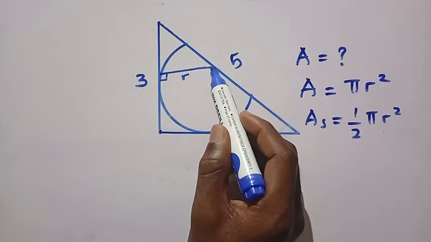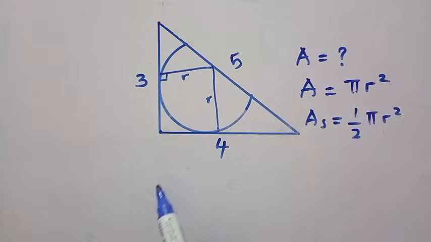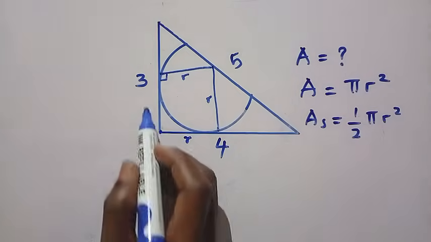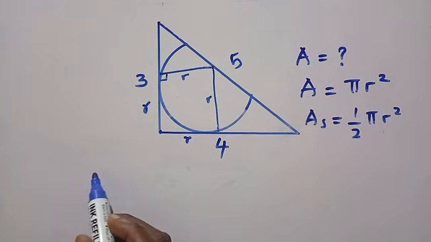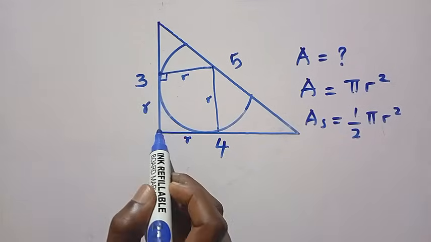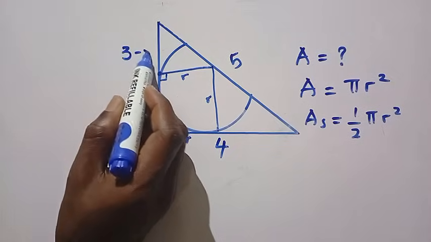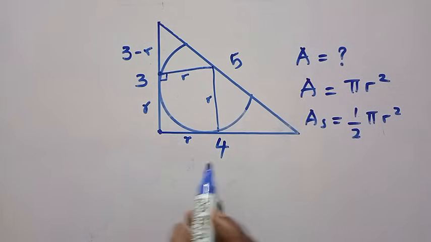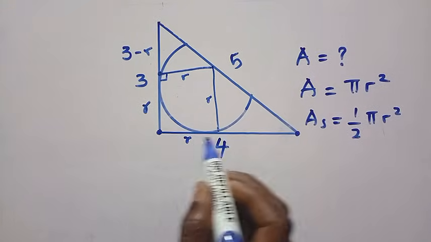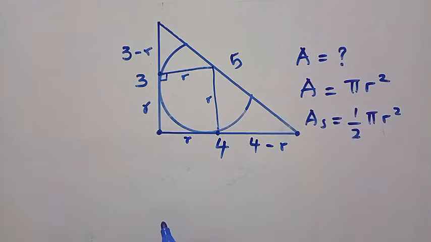And also from here to here, we have a radius as well, which means this is r, this is also r, and this side is also r. Well, from here to here, we have 3. Since from here to this point is r, definitely from here to here will be 3 minus r. And similarly, from here to here, that is 4. So from here to here is r, then here becomes 4 minus r.